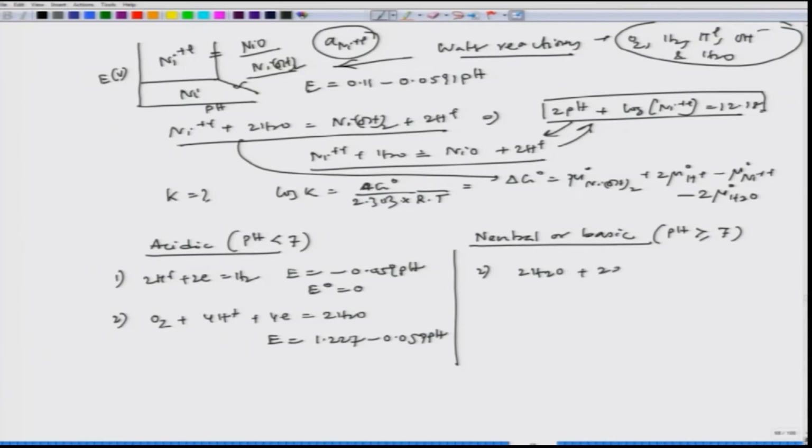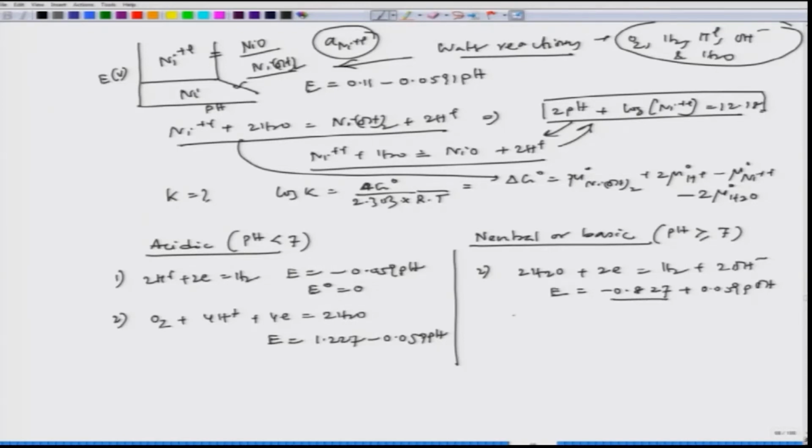And on the other side we have 2H2O plus 2e equal to H2 plus 2OH minus, and for this E equal to minus 0.827 plus 0.059 pOH. Why is this term coming for this reaction?